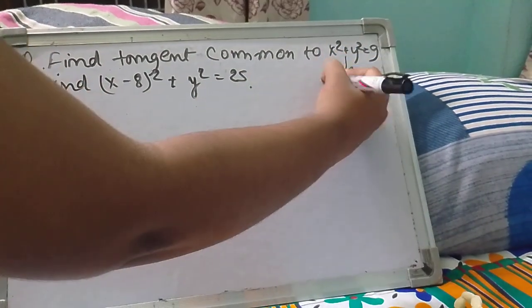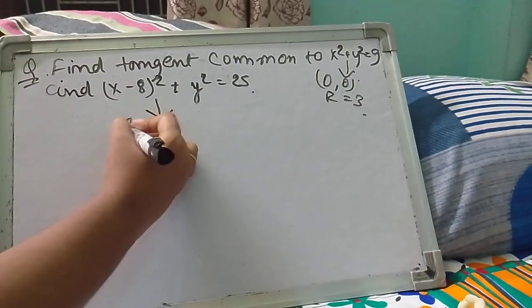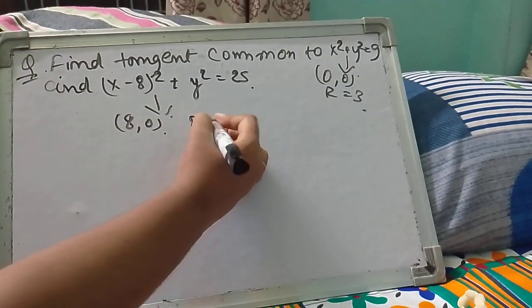So its center becomes (0, 0) and radius is 3, and the other center is at (8, 0) and radius is 5.